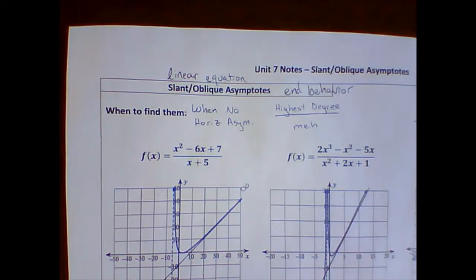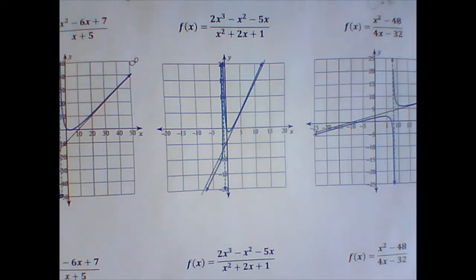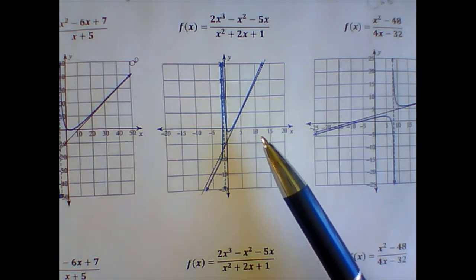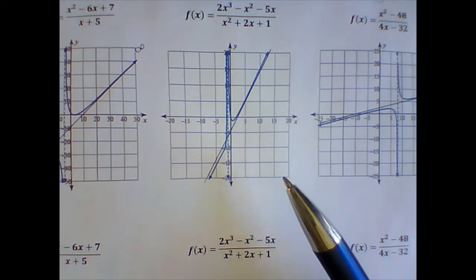So there's a linear equation that we are finding, and that will be the answer to what is the slant asymptote, and you will be able to give a linear equation. We're going to start in the middle with the middle equation, which matches the middle graph.